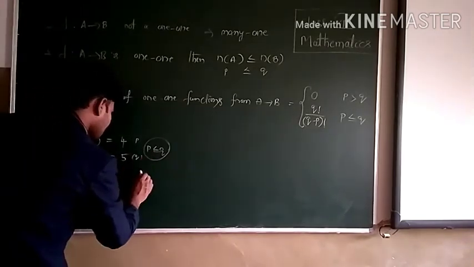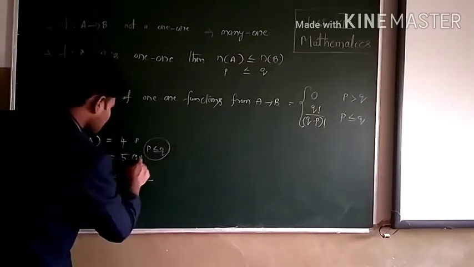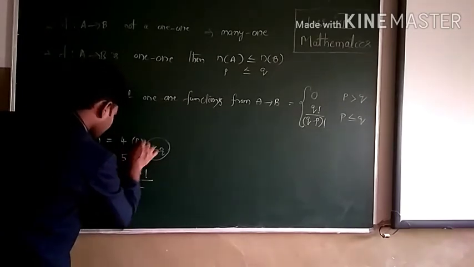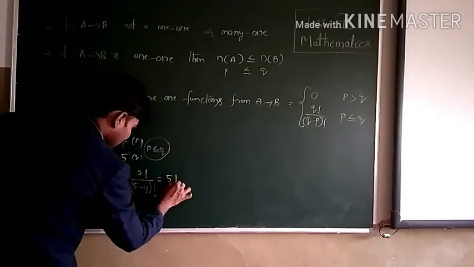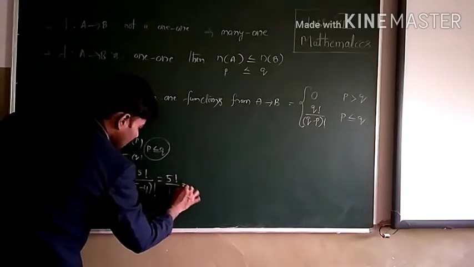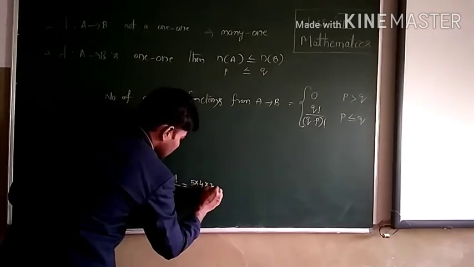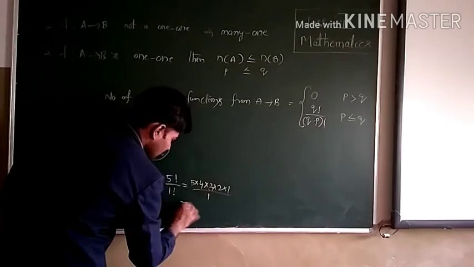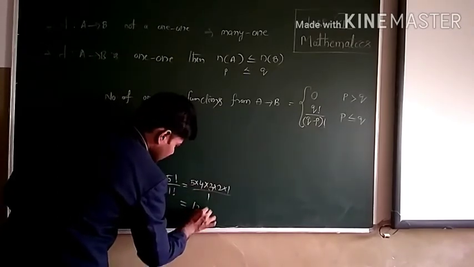So q factorial by (q minus p) factorial, q is 5 minus p is 4. So that's 5 factorial by (5 minus 4) factorial, that is 5 factorial by 1 factorial. 5 factorial means 5 into 4 into 3 into 2 into 1, and 1 factorial is 1. So in total, 5 factorial is 120.